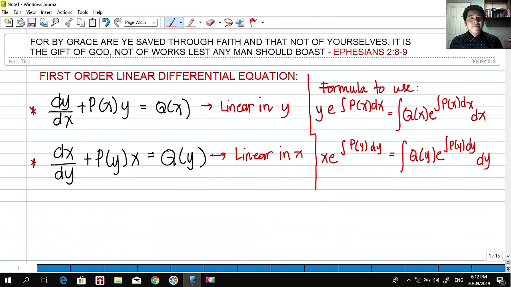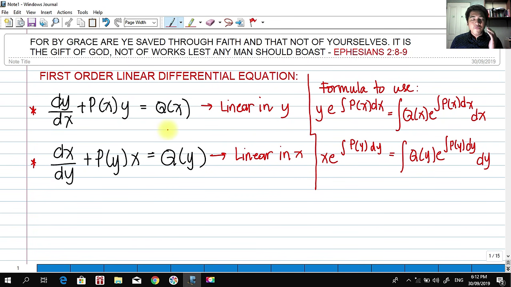So, how do we solve a linear differential equation? A DE is said to be linear if we can put the differential equation in this form or in this form. For the first equation we have dy over dx plus p of x, a function of x, multiplied by y, and that is equivalent to another function q of x in terms of x.